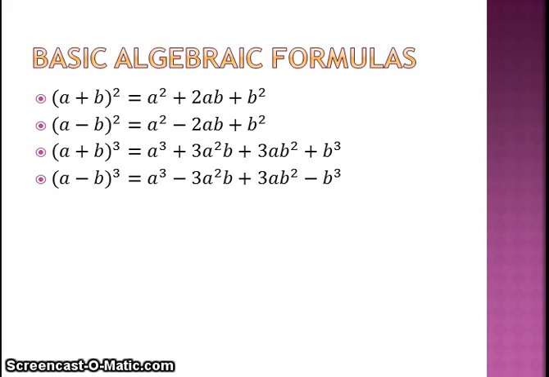Same for a minus b to the power 3. As you can see, the figures and the powers are the same, but the signs are different. Compared to the previous, the a term will always be positive, followed by negative, followed by positive, followed by negative again.